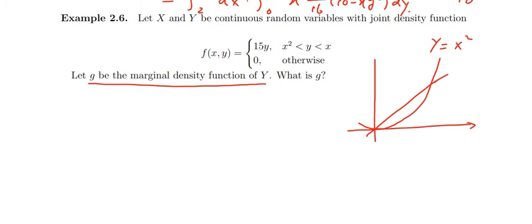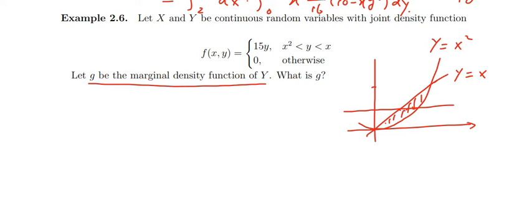So we know the region. We want to find the density function of y, where y is between 0 and 1. Let y be fixed, so we go over all x.